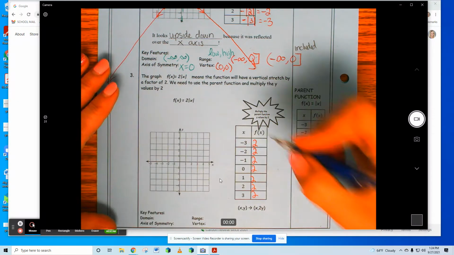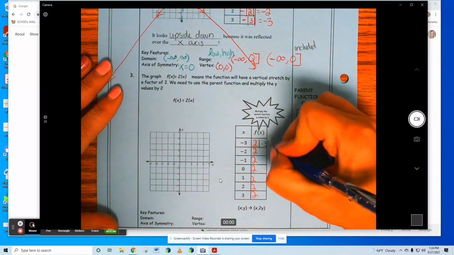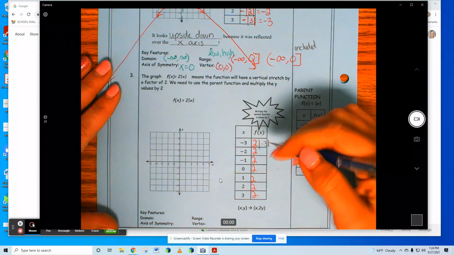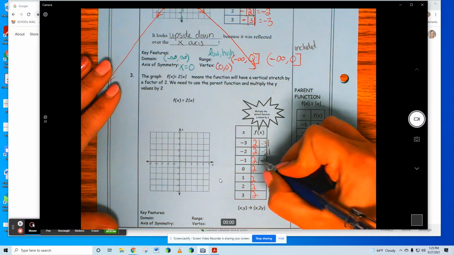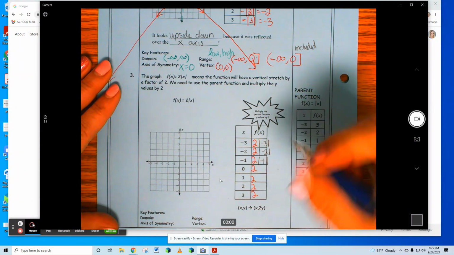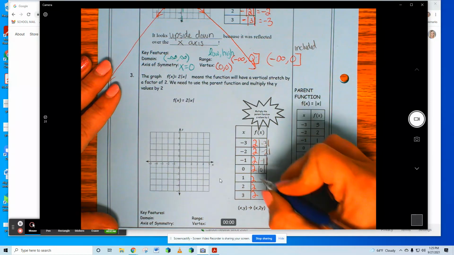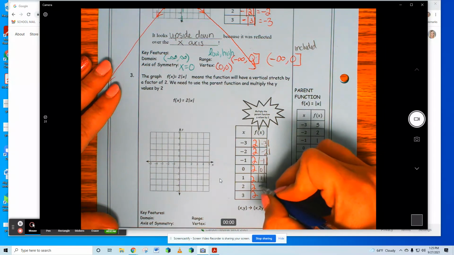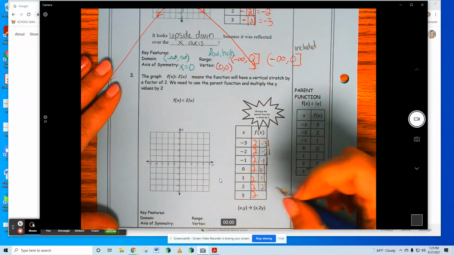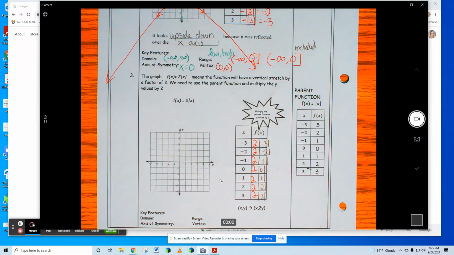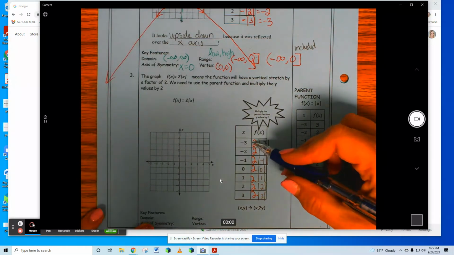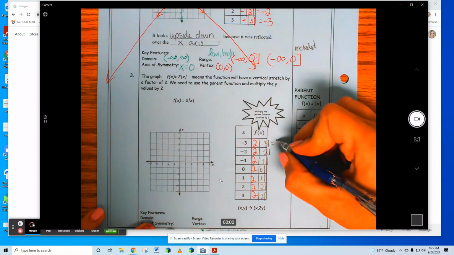All right, 2 times the absolute value of negative 3. 2 times the absolute value of negative 2. 2 times the absolute value of negative 1. 2 times the absolute value of 0. So now I'm doubling. The absolute value of negative 3 is 3. 2 times 3 is 6.